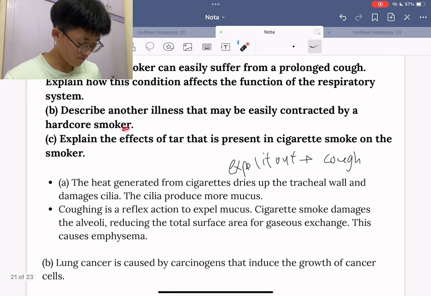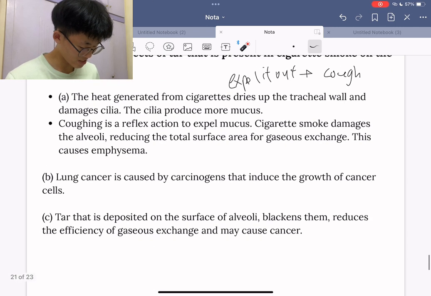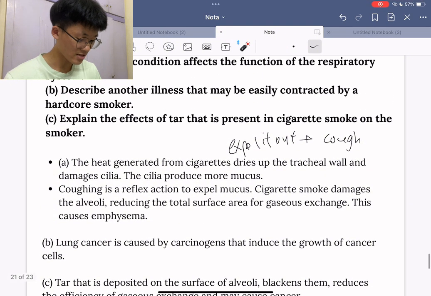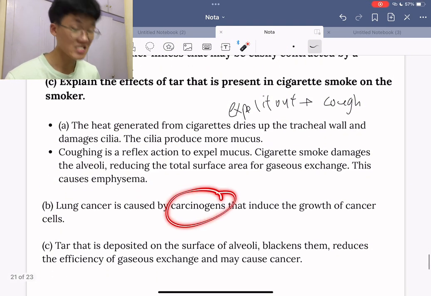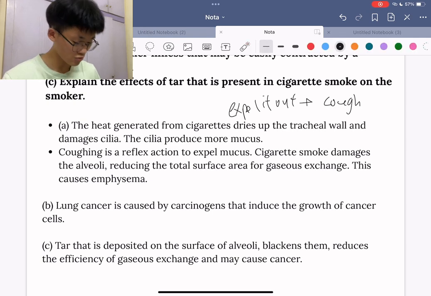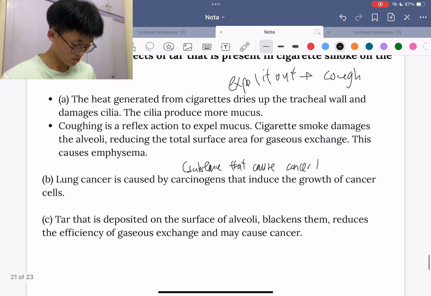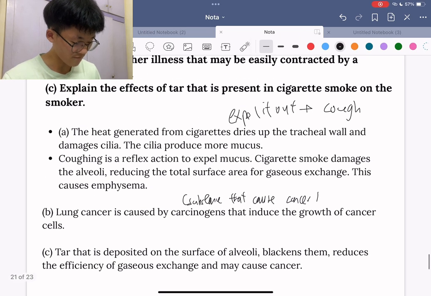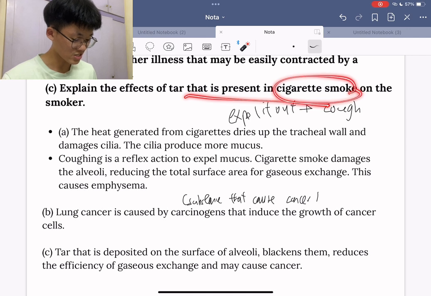And then for the smoker, what is another illness? You can see lung cancer, because of what? Because cigarettes contain carcinogens. Carcinogens are substances that cause cancer.